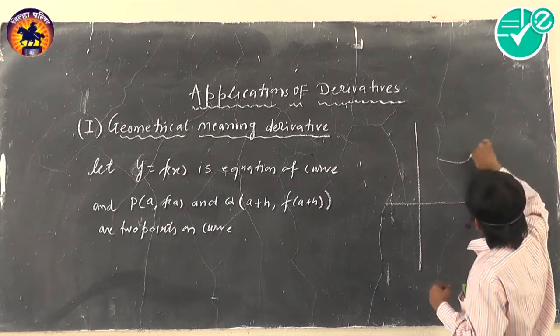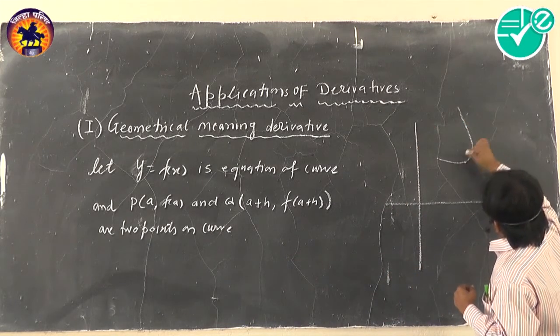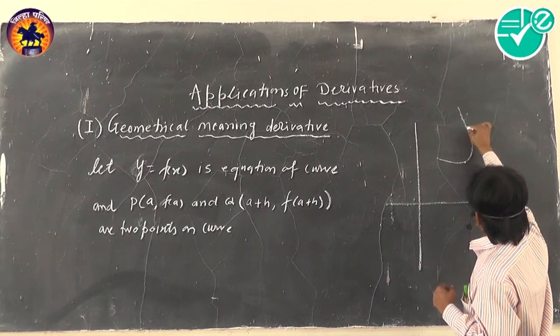So this is the curve, and there is a point P and there is a point Q.